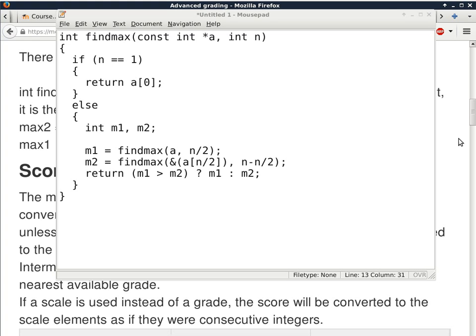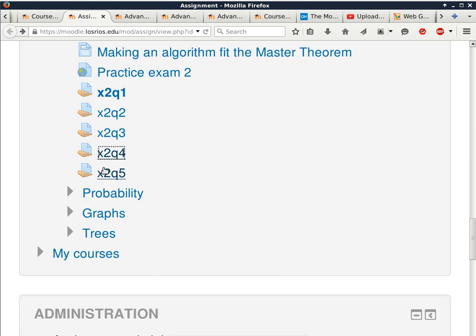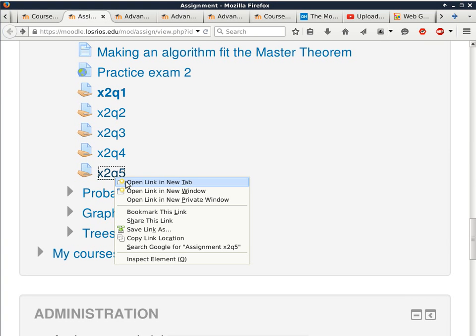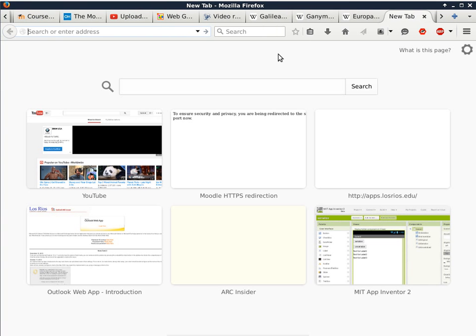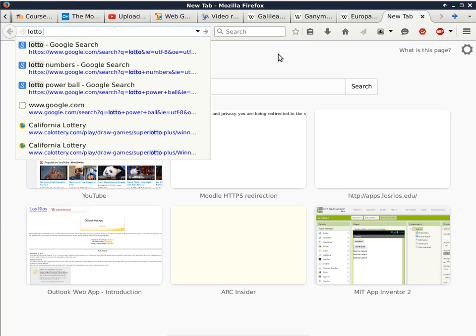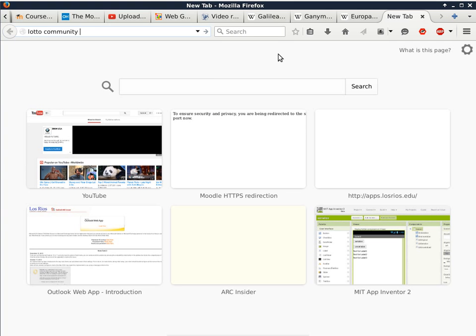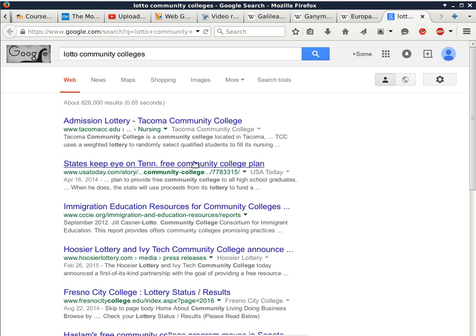Okay, question number 5. Okay, this is our favorite topic, lotto. Now, this makes me really wonder one thing: lotto and community colleges, because I think some of the lotto funding goes into community colleges.